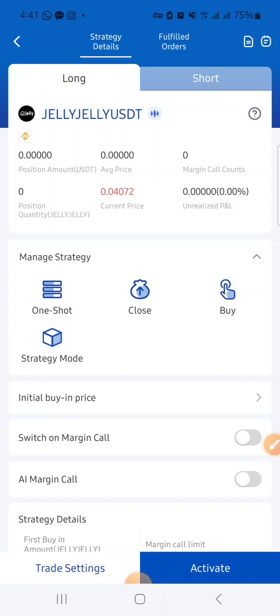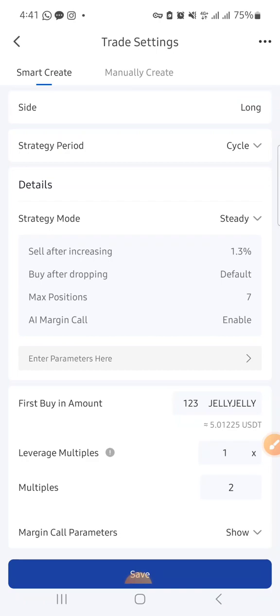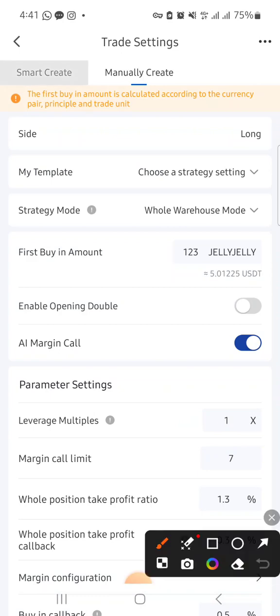The very first thing you do when you come to this page, we want to set the long right now. So you come to trade settings and you go to manual create. Then the side you want to trade is long. You can see it there, it's already written there.